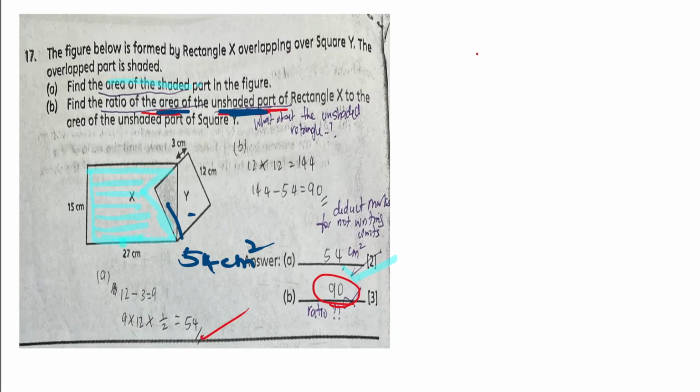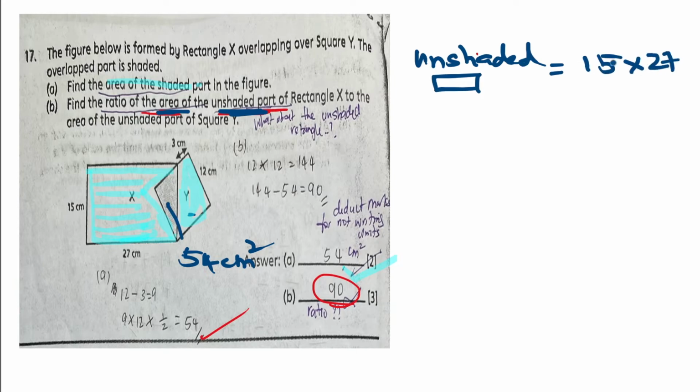So is this portion unshaded to this portion? I think it's actually quite simple in the sense that to find this portion here, the unshaded rectangle, it's actually 15 times 27.